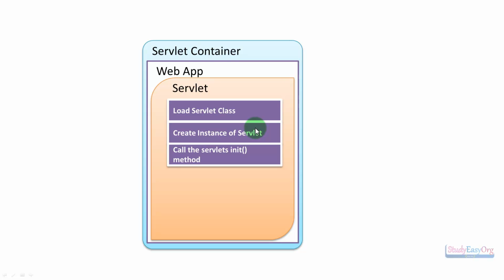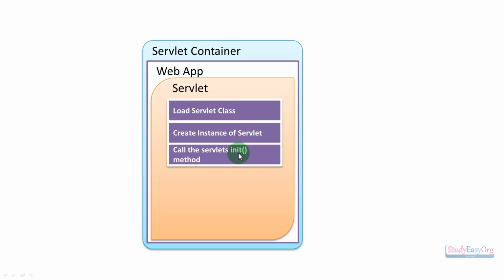Once all these 3 steps are taken and we have called the initialization method, or init method, your web application is all set and up and running. Now a user can make a request and your web application will serve it.